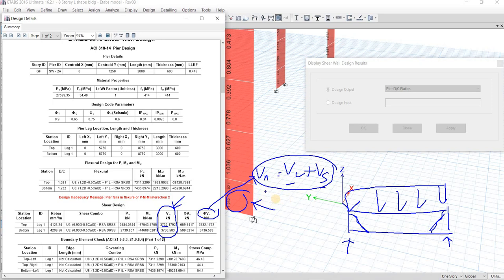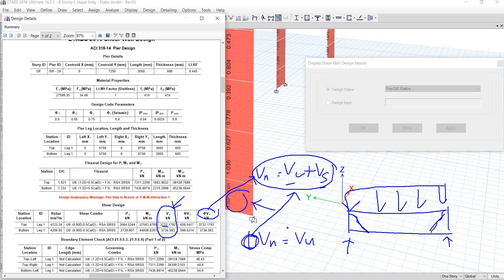If you write the equation, phi Vn equals Vu. So the phi factor, or the reduction factor, will be multiplied to Vc plus Vs.